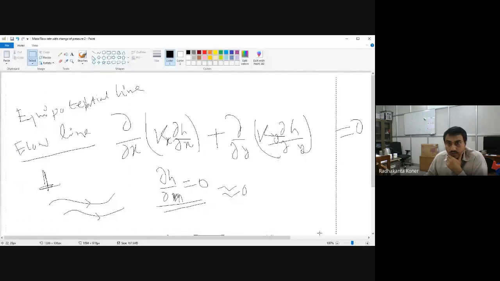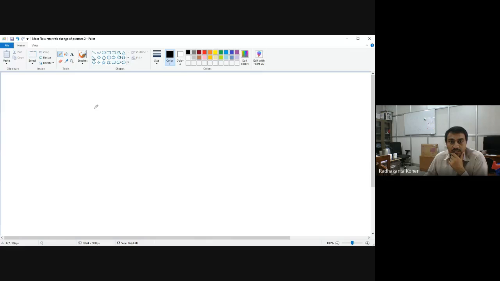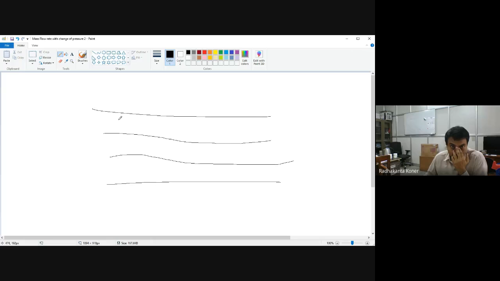We plot like this, for a given condition, the flow lines.